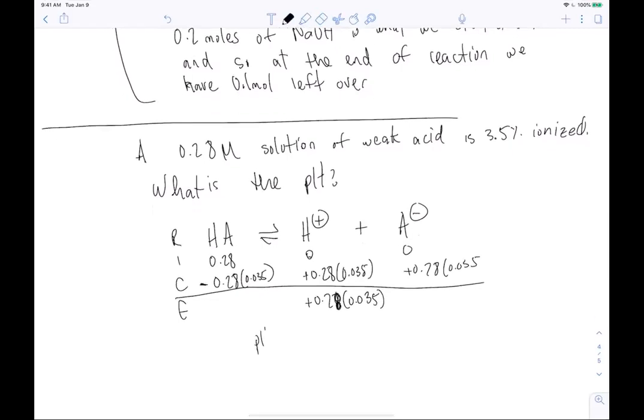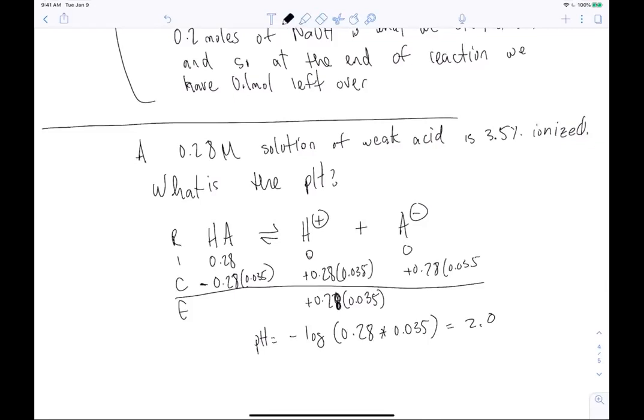And so the pH is equal to the negative log of 0.28 times 0.035, which is equal to somewhere around 2. Yeah, so that's how you work this one out.